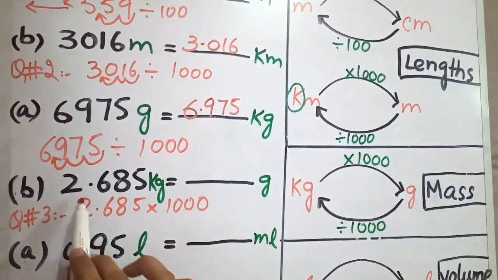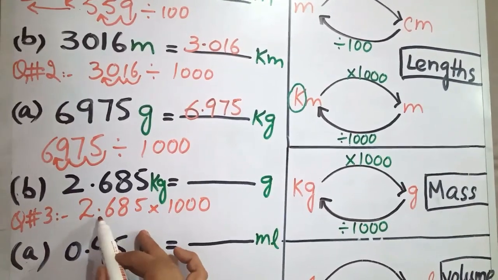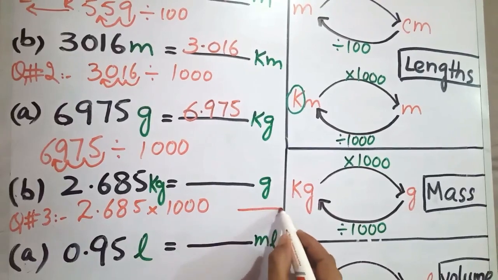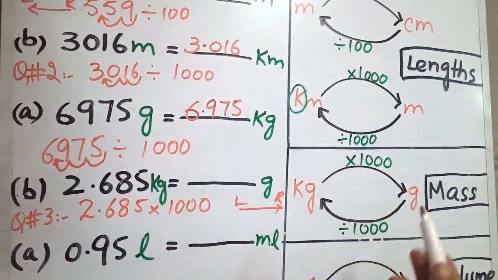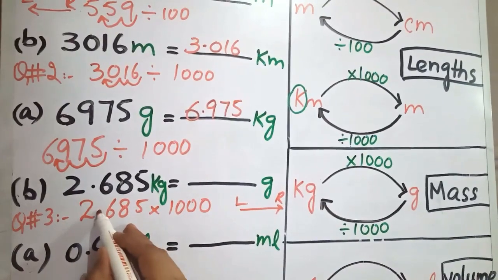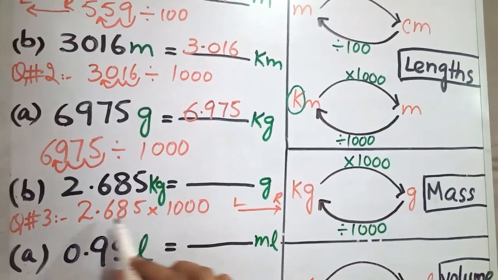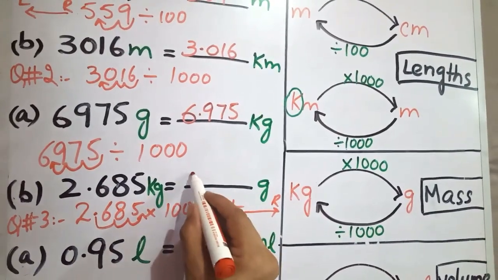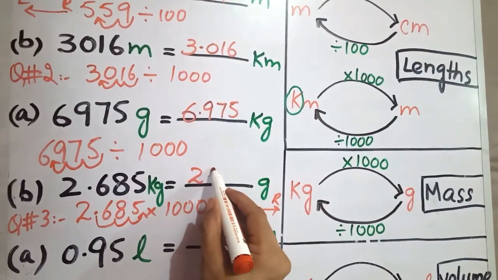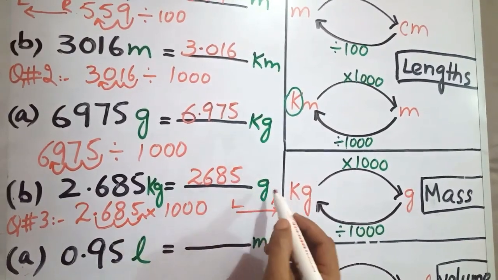We multiply the given number by 1000 and move the decimal point from left to right 3 times, and you will get the answer 2685 grams.